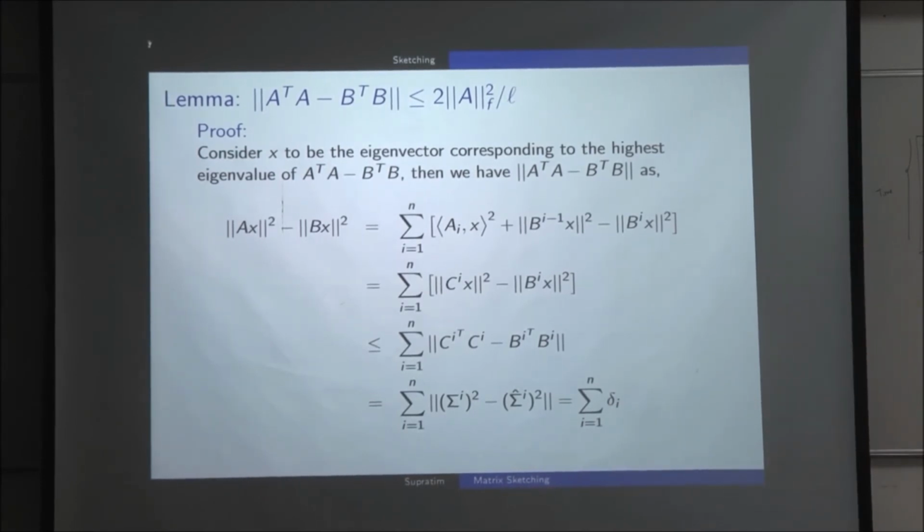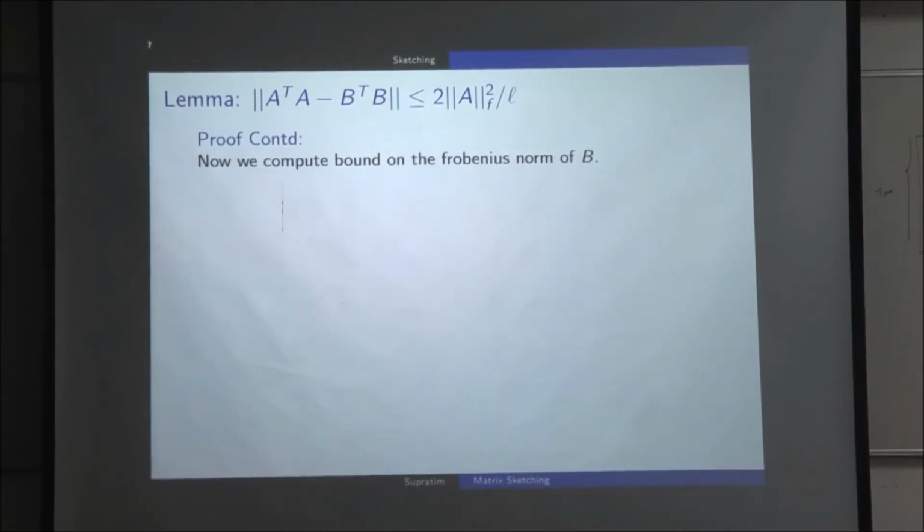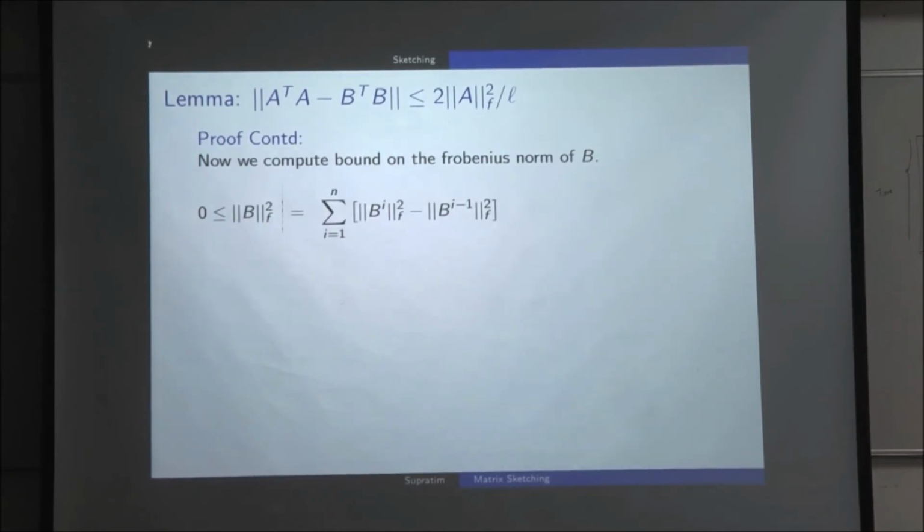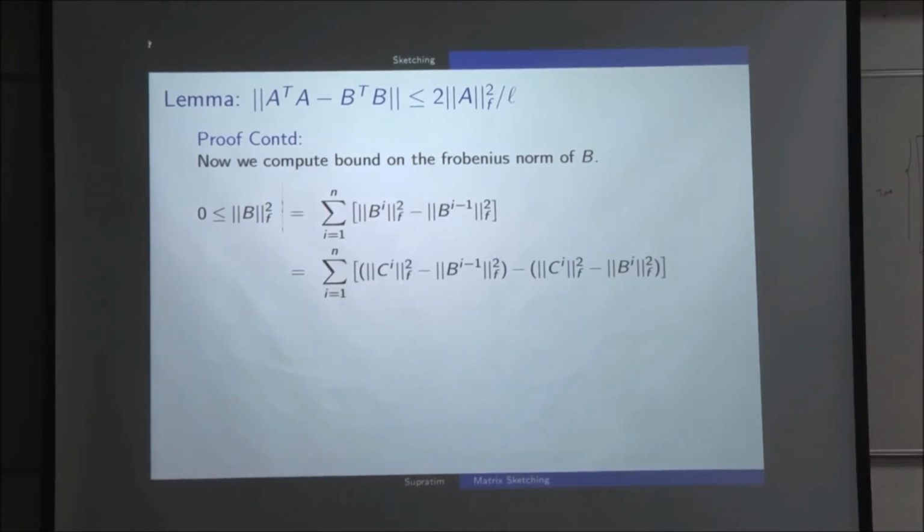Now to go ahead and prove this bound, we need to find the Frobenius norm of B. The Frobenius norm of B can also be written as the sum over the Frobenius norm of B_i minus B_{i-1}. Then we add C_i and subtract C_i in the above expression.